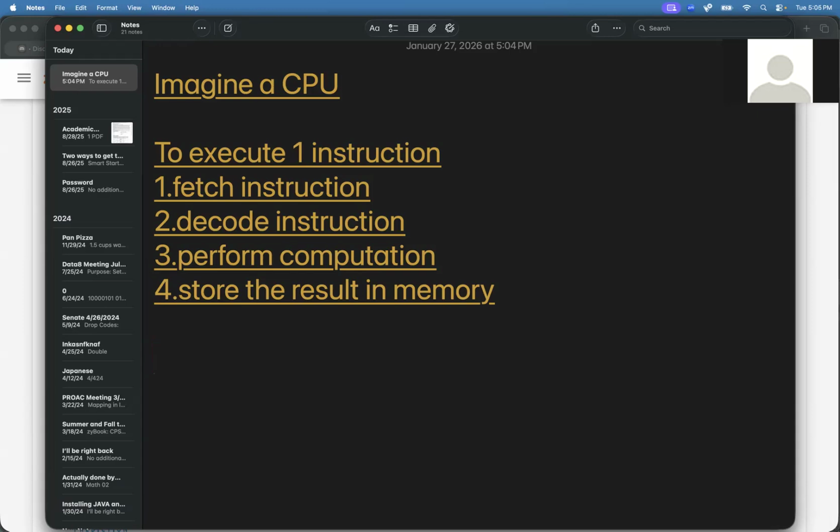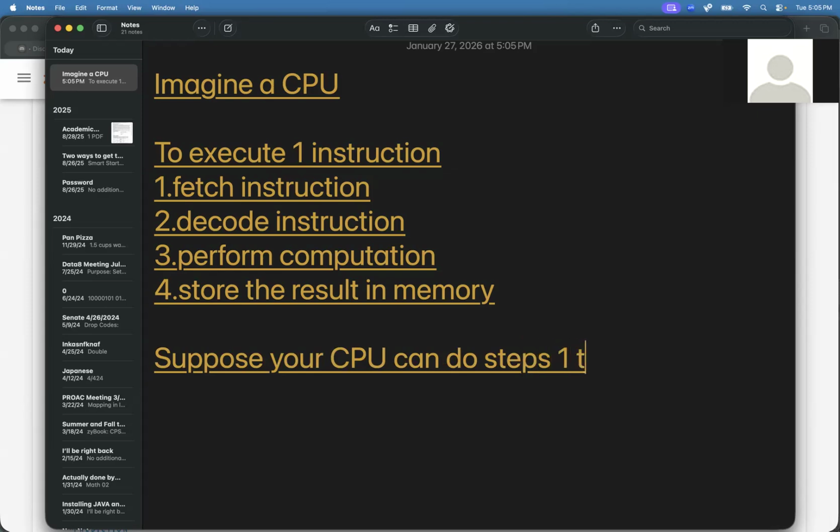And so the thing about this is, suppose your CPU could do steps 1 to 4 1 billion times per second. Okay, so 1 billion times.